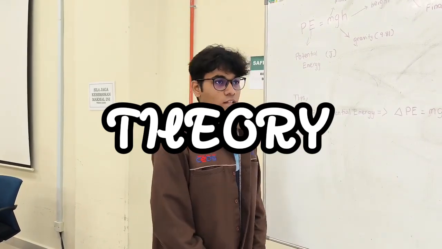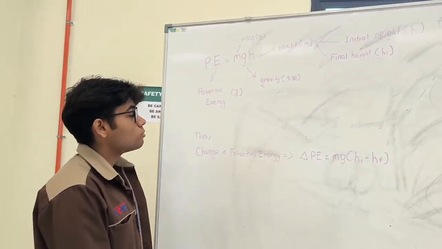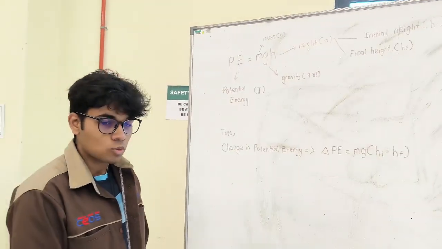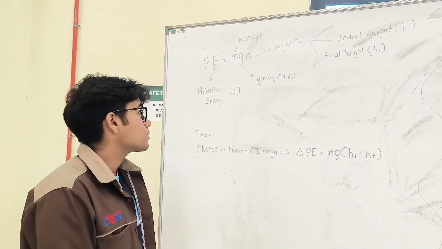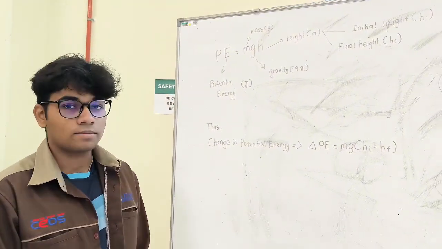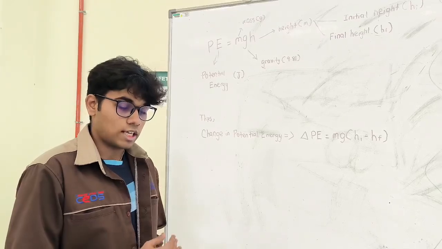Hello everyone, I'll be explaining the theory part for this experiment. The formula that we'll be using is the potential energy, which is calculated in joules. The formula is mass multiplied by gravity and height. All the units for this formula are in SI units.